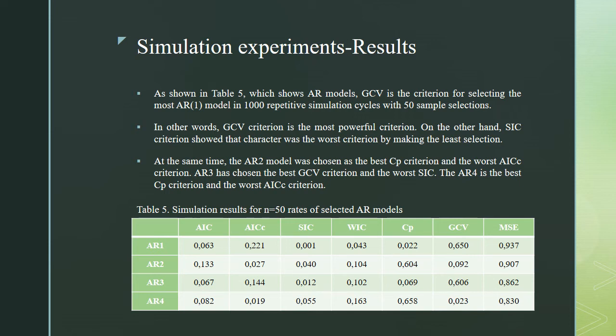AR3 was chosen best by the generalized cross-validation criterion and worst by the Schwarz information criterion. AR4 was chosen best by the Mallows CP criterion and worst by the AIC information criterion.